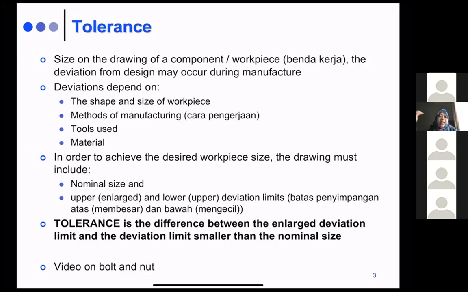But for us as engineers, we usually need to design those drawings. There is deviation from the design: even if we make a very good drawing, when we manufacture it there is some deviation, for example in the shape and size of a workpiece, the method of manufacturing, the tools used, and also the material.